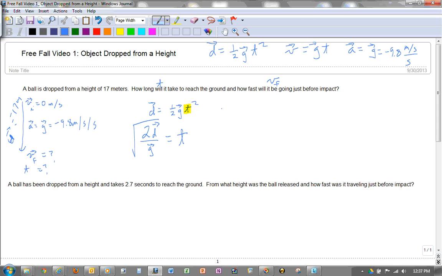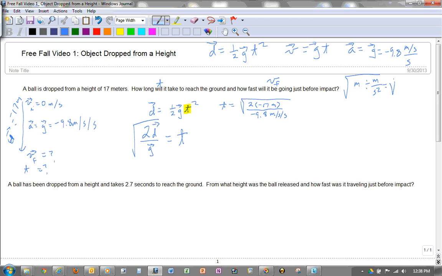And so I have t is equal to the square root of twice the displacement, which was negative 17 meters, divided by the acceleration due to gravity, negative 9.8 meters per second squared. Now off to the side, if we look at our units, I have meters divided by meters per second squared, and that's all under a radical.